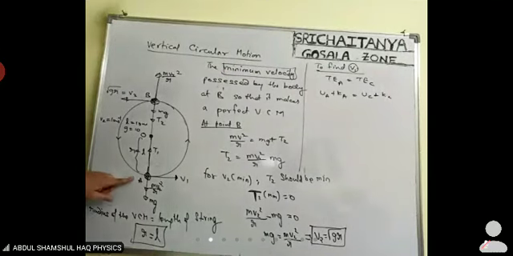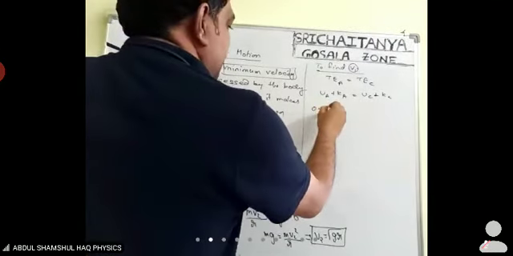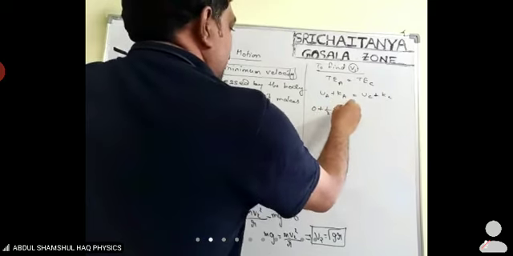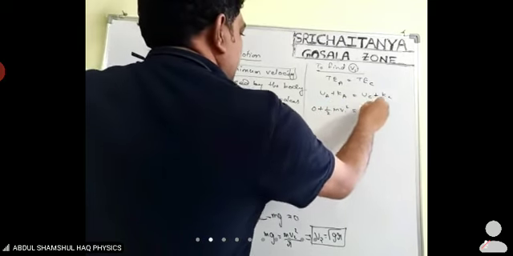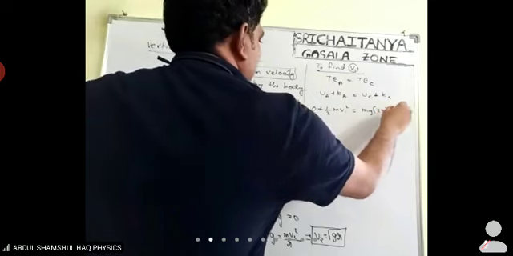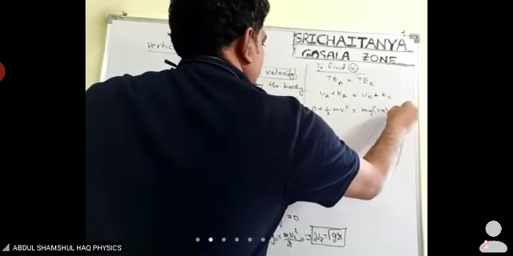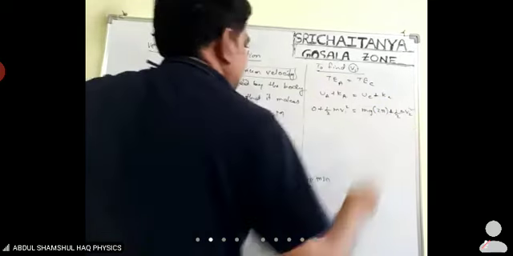It will be 0. Kinetic energy at A will be half m v1 square, and this will be mg into 2r. And here this will be half m v2 square.